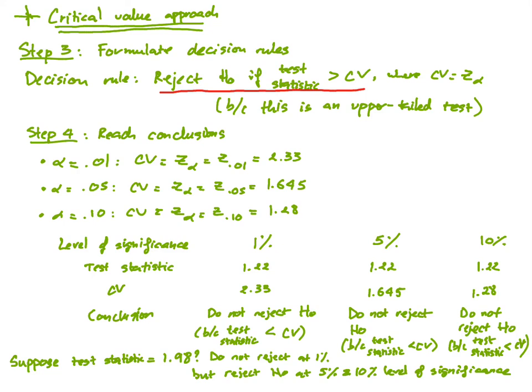Okay, so that's how we do an upper tail test when we know the population standard deviation sigma.